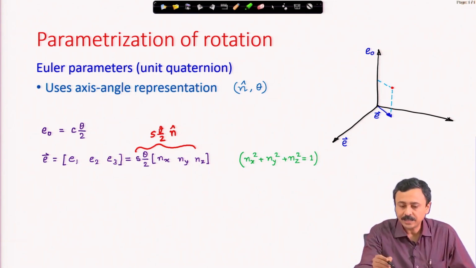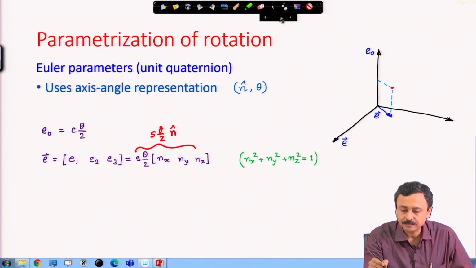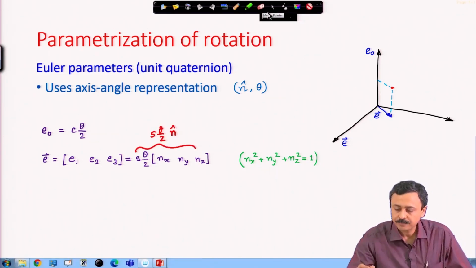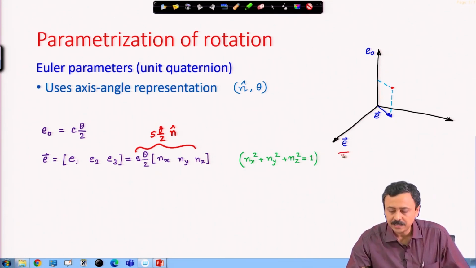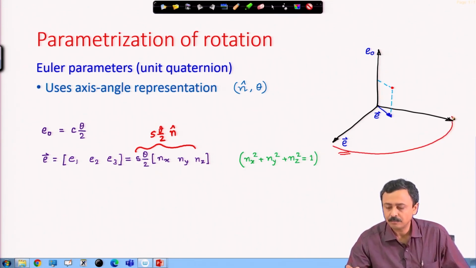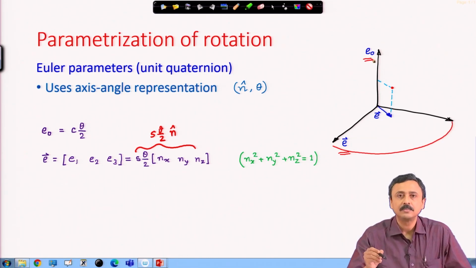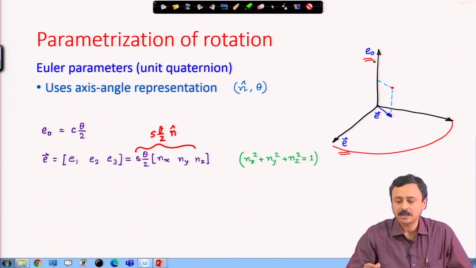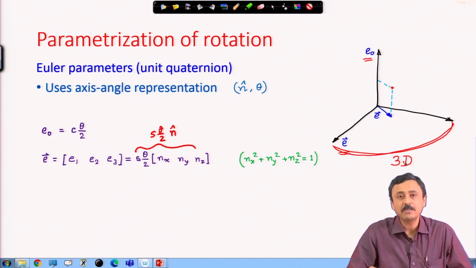Therefore, what I have done is I have represented the vector E as this horizontal plane, and E naught as orthogonal to this plane. Even though I am drawing it like a plane, this is a 3-dimensional space, and E naught direction adds one more direction, therefore, it is a 4-dimensional space.